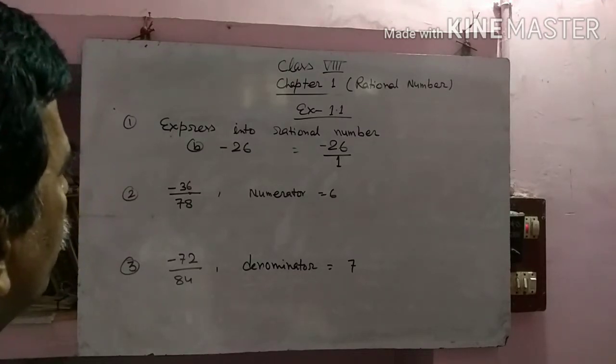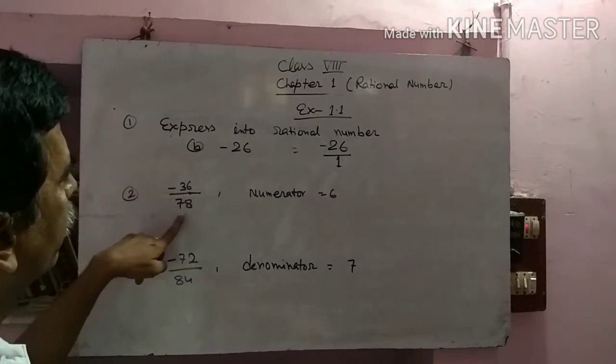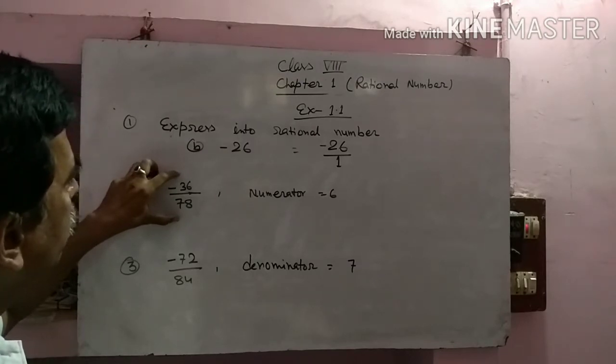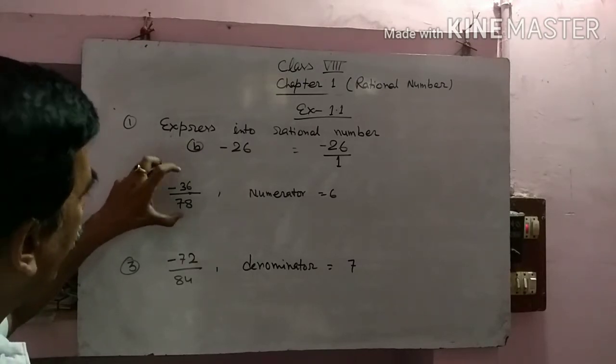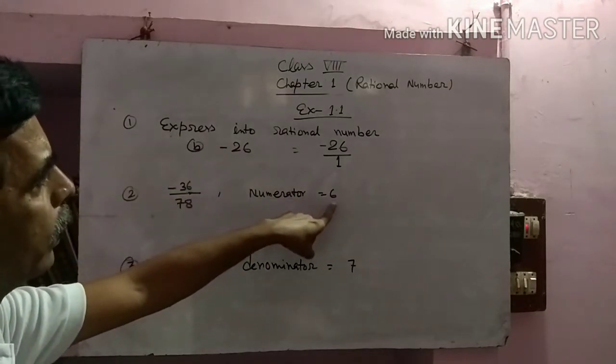The next question is minus 36 by 78. The question is to write an equivalent rational number of this number whose numerator should be 6.